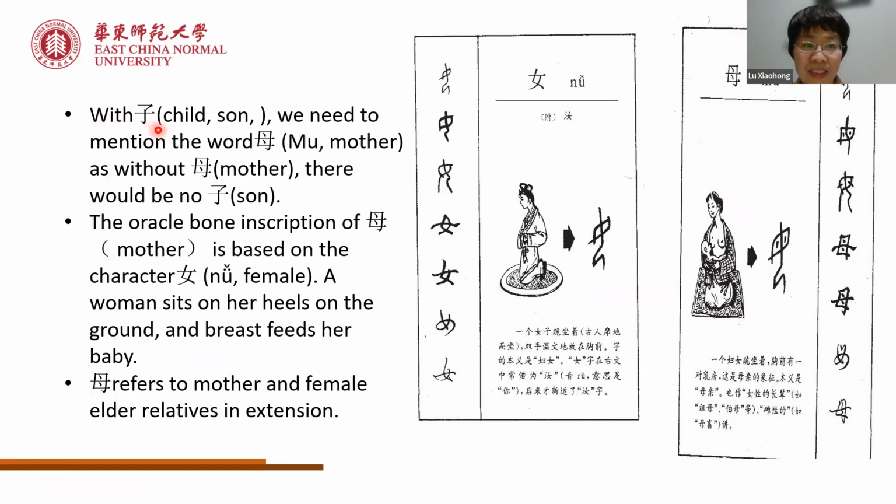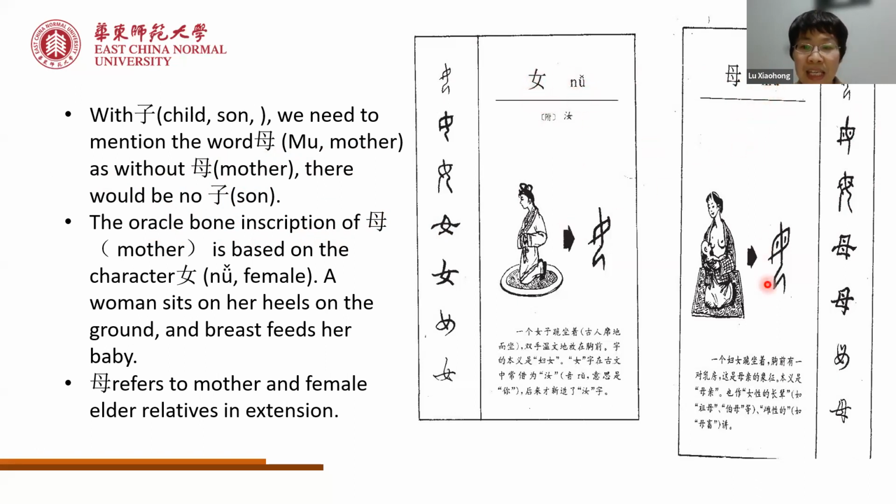Now, with 子, children or baby, we need to mention the word 母, which means mother. As without mother, there would be no son, no 子. So the oracle bone inscription of mother, here is 母, is based on the character 女, that's female.